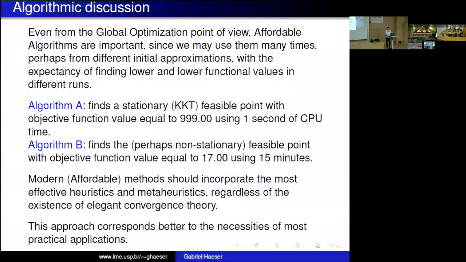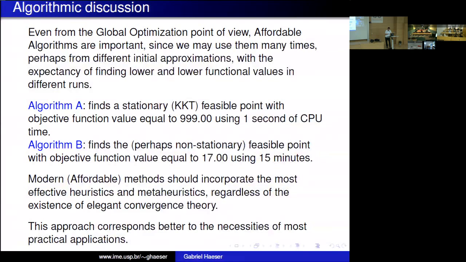So the message is just do it then. If you want to build a solver that is good enough to be applied in practice, you should incorporate these heuristics or meta-heuristics that are looking for the global solution.